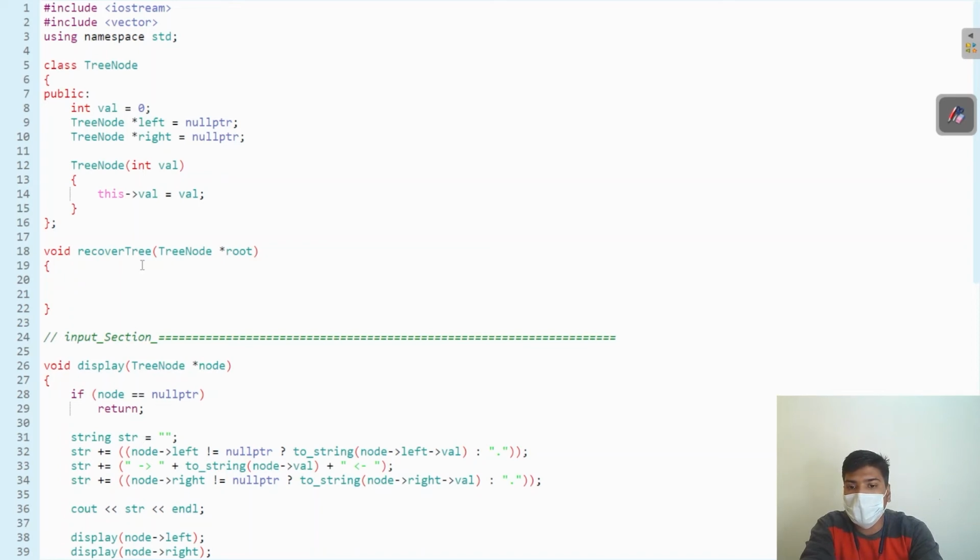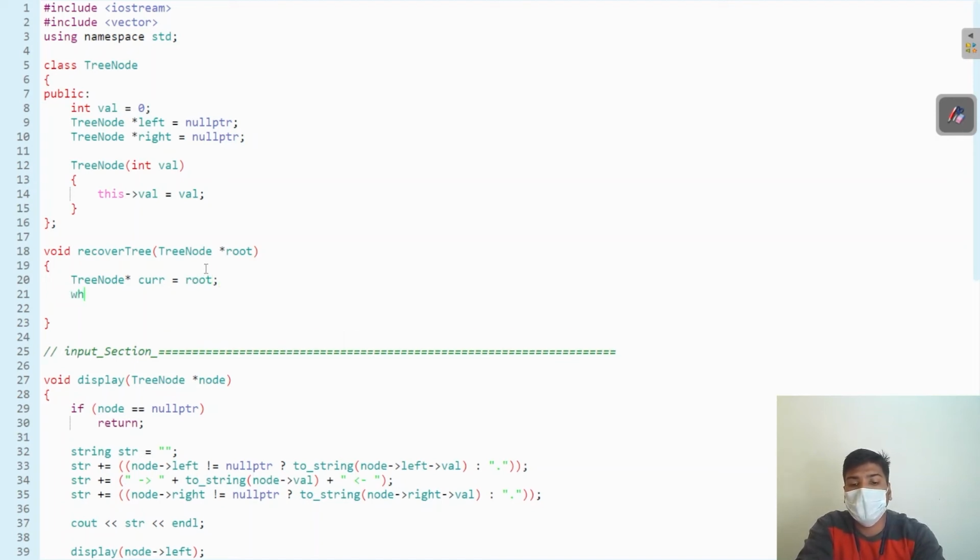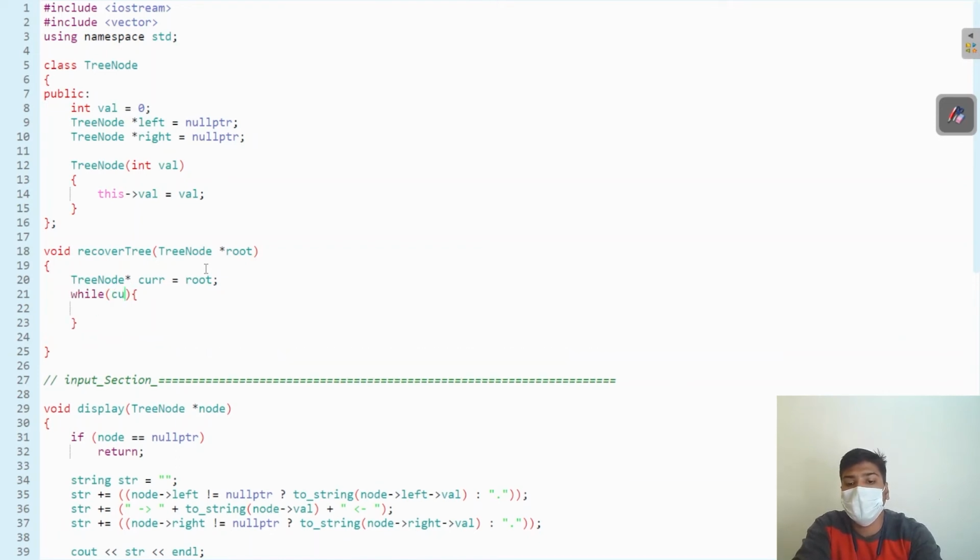First of all, tree node current equals root, and then while current is not equal to null.